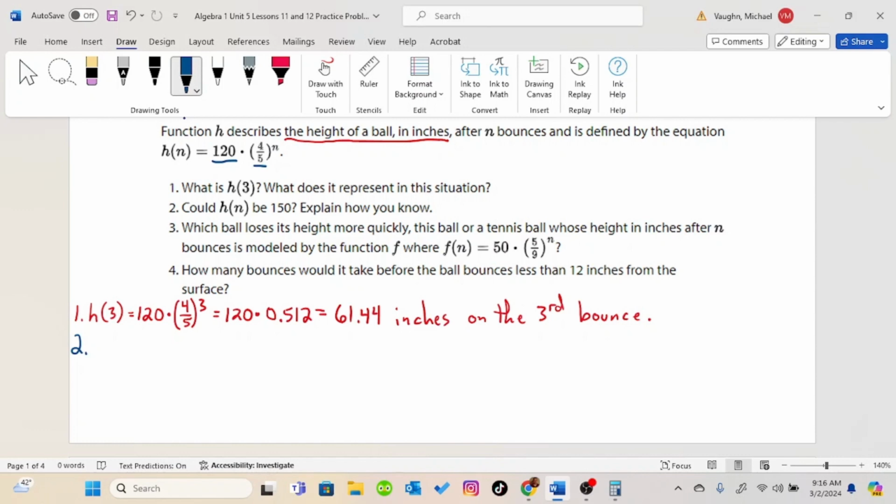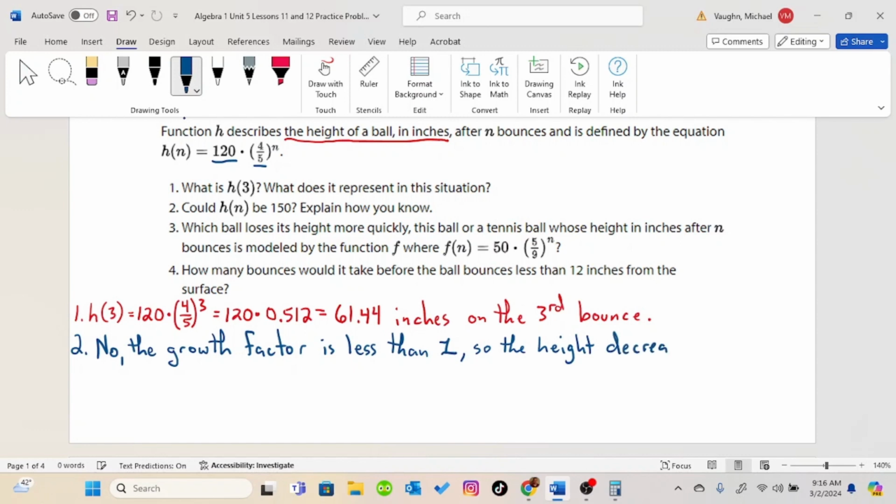It could never be 150 inches. So no, the growth factor is less than 1, so the height decreases.